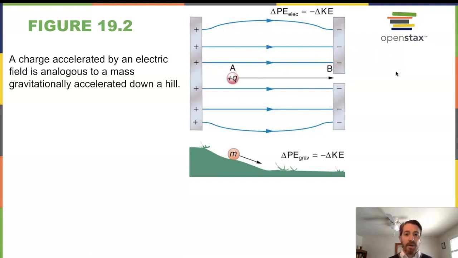Having a charged particle be accelerated by an electric field is very similar to having a mass be accelerated by gravity. As it says here, rolling down a hill. You know the direction that the mass will roll is down the hill, not up the hill. Here we know the direction the charge will go is in the direction of the field lines if it's a positive charge.